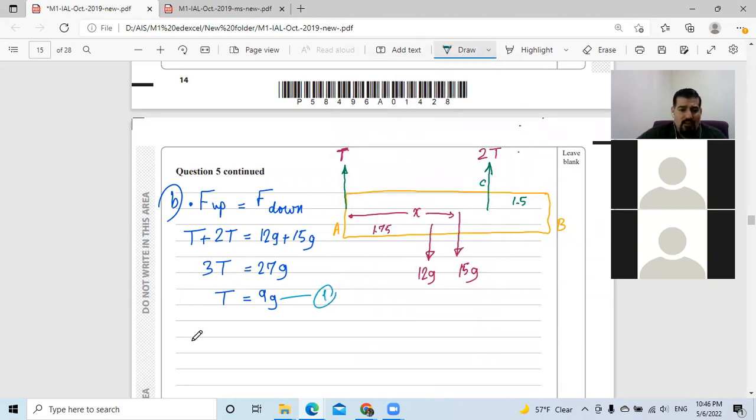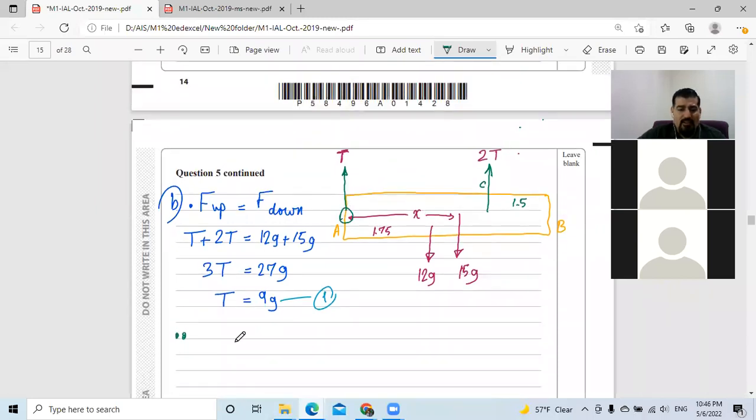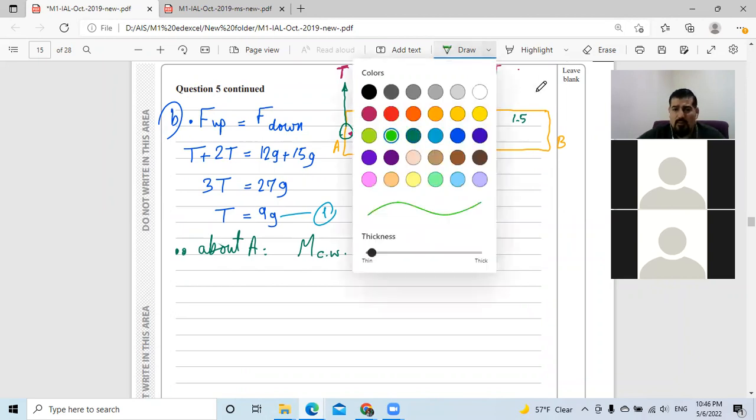Next part. Since they ask about the distance away from A, I'm starting to talk about moment about A, or you can choose any other point. But since they ask about the distance x from D to A, I'm going to start about A. So moment clockwise and moment anti-clockwise are supposed to be equal, since they say that it's in equilibrium.